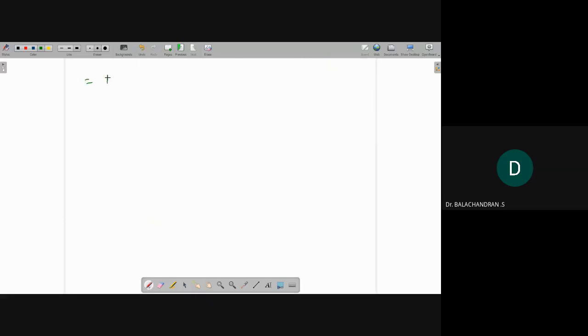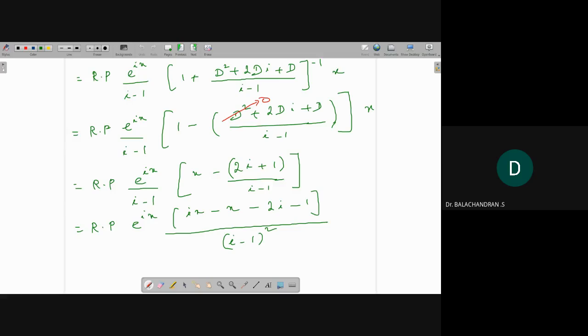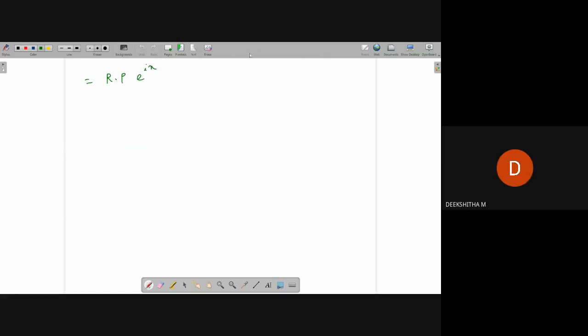So real part of e power... anybody got the answer? I need the answer in terms of sine and cos. So you should write e power ix is cos x plus i sin x and then multiply and simplify and tell the answer. Okay, try again.